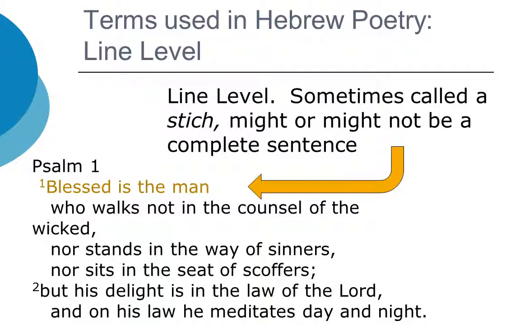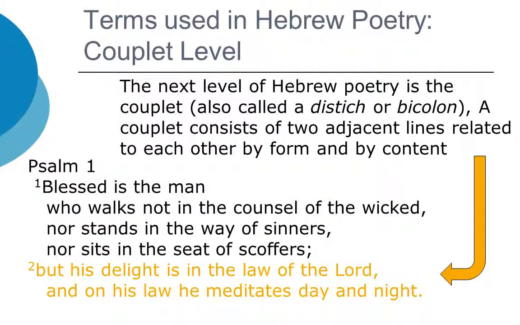Sometimes this is known as a stick. Now, for us English speakers, we would think it would be pronounced stitch, but it's not, it's stick. So sometimes it's called a stick, and this might or might not be a complete sentence, but that is the first level.